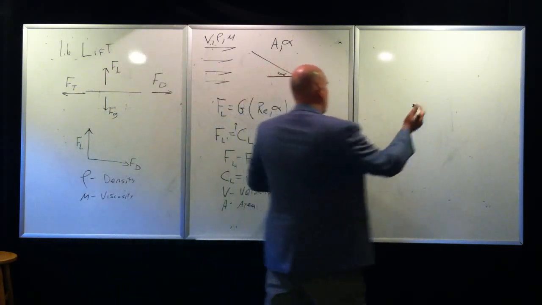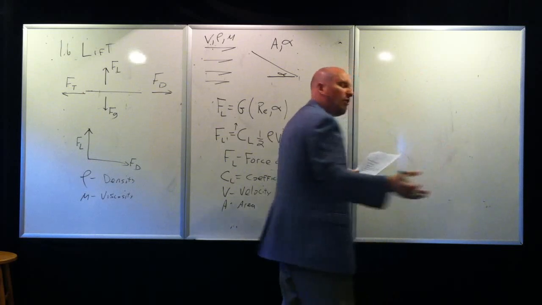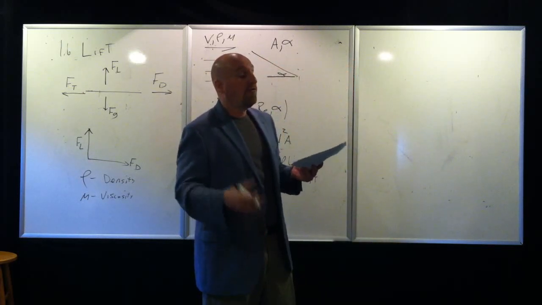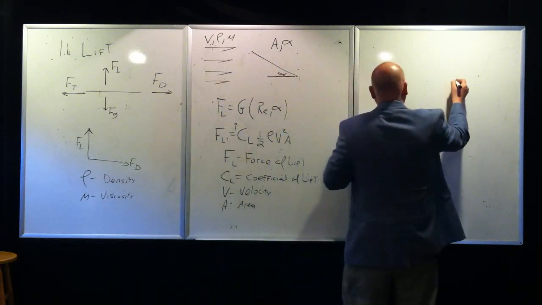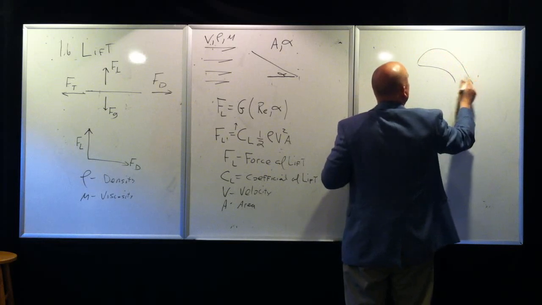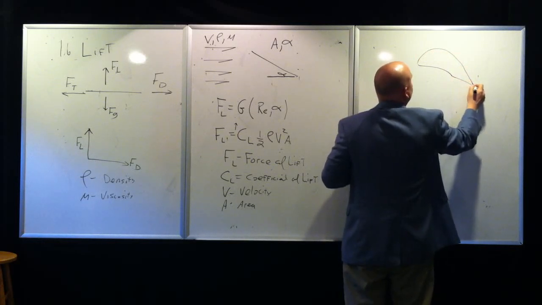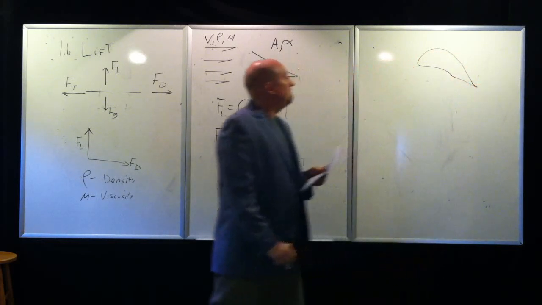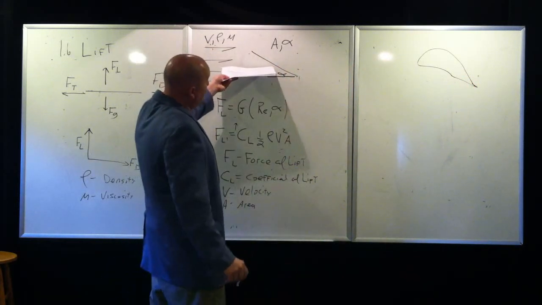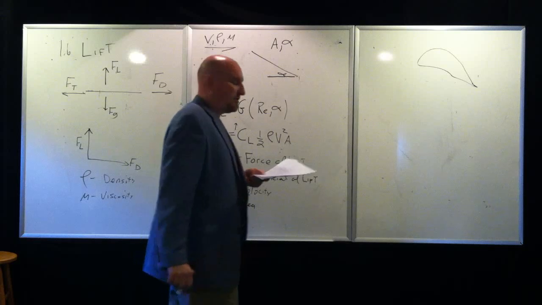Some of the important airfoils can be made. An airfoil would be the representation or the shape that you would have for a wing. So here is our wing. You notice that a wing is not typically a flat plate, but again, it's an approximation.